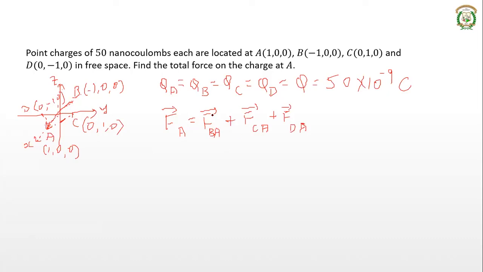You know the equation for each: 1 divided by 4 pi epsilon into Q1 Q2 divided by R12 square into the unit vector in each direction.